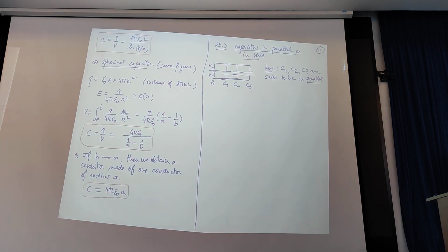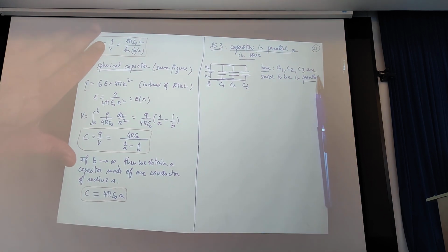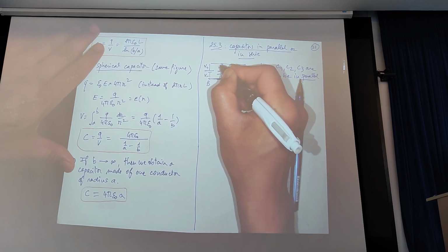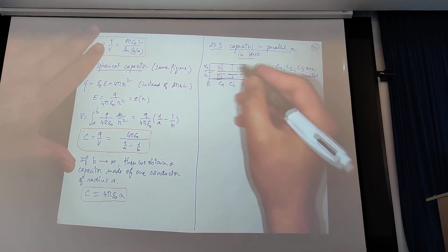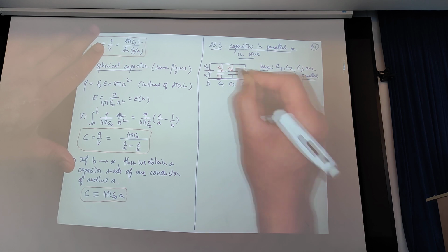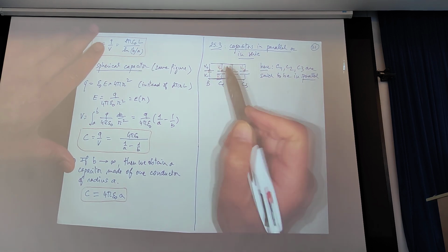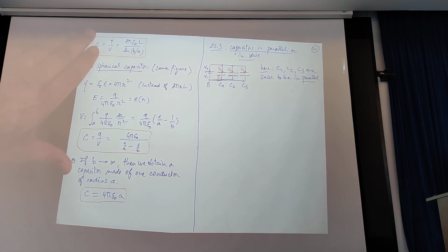So why? Because what is important is that the potential of this point is the same, because these points are connected by wires. So they need to be at the same potential.